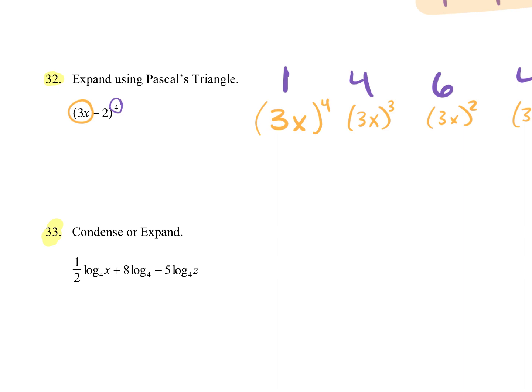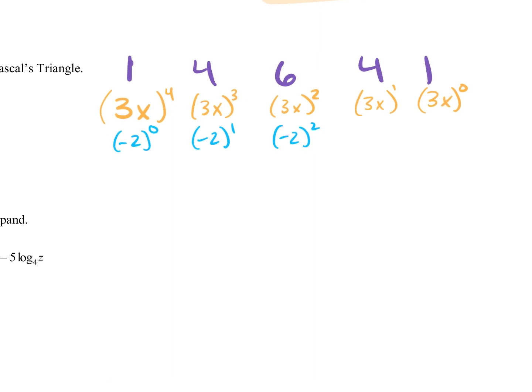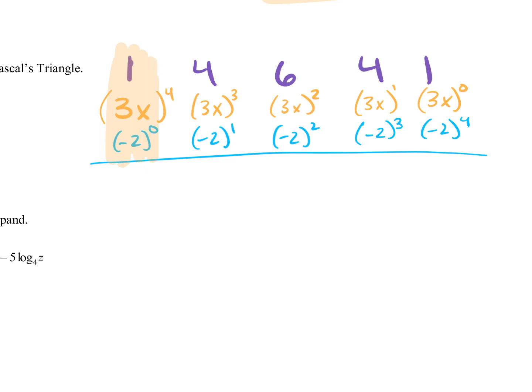And then our second number is 2, or negative 2. So we have negative 2 to the power of 0, negative 2 to the 1st power, negative 2 to the 2nd power, negative 2 to the 3rd power, negative 2 to the 4th power. Now we're going to multiply our columns together.